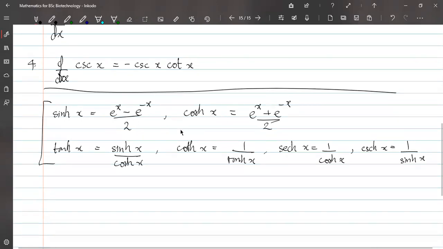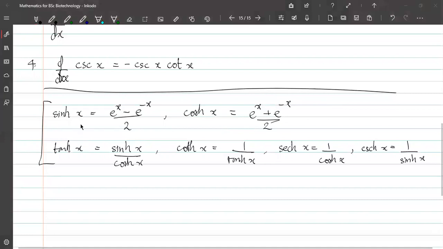So don't leave it in the form of exponentials. I don't want any of these answers to be in terms of e power x. Finally, they should be in terms of these very functions. If you start from this and write it in terms of exponentials, you will get something complicated, which is difficult to recognize.